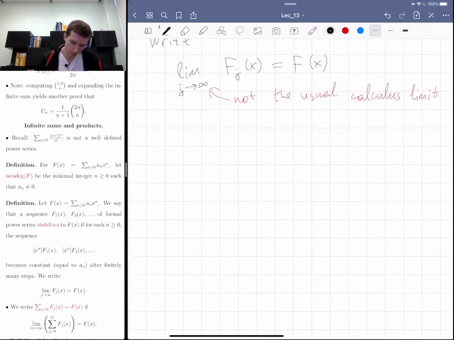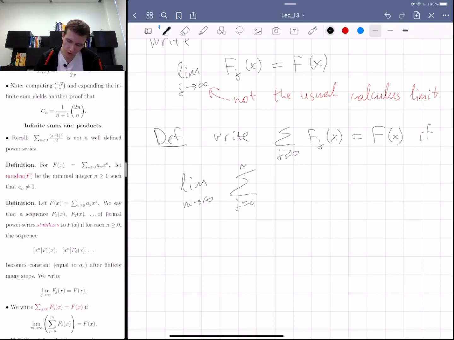Just by definition, well, let me actually state it as a definition. This definition is that we write the infinite sum of formal power series is equal to another formal power series f of x if, again by definition, the limit as m goes to infinity of the sum from j equals 0 to m of f sub j of x is equal to f of x.